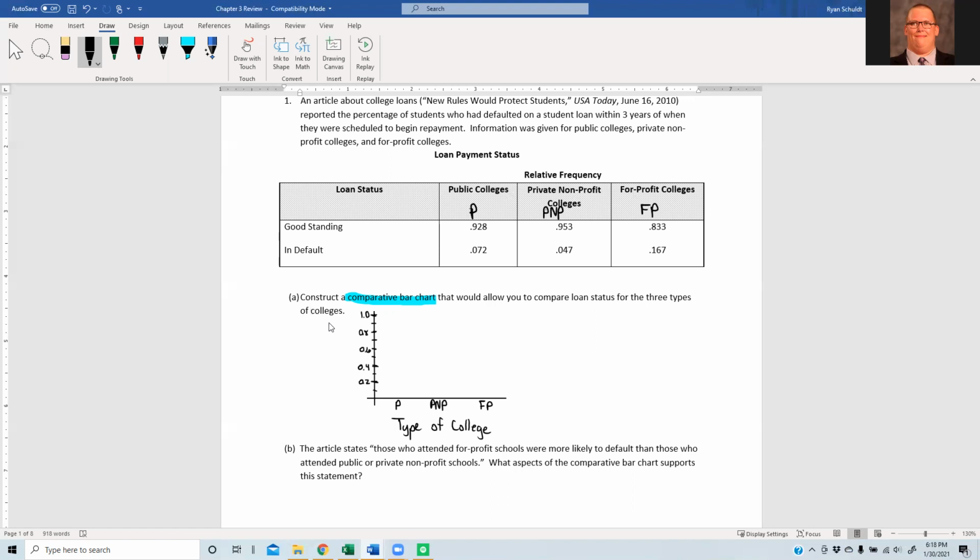Okay, so don't forget we need an axis label. This is relative frequency. And now we need to get our bars in there. So give me a second and let me get the bars in right quick.